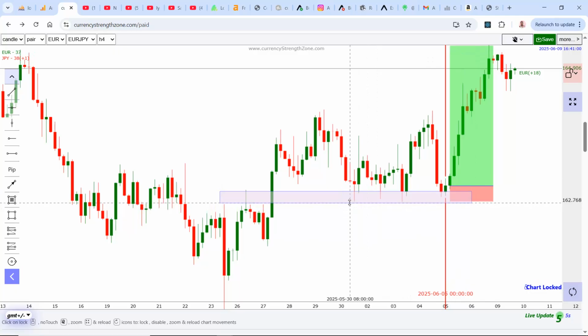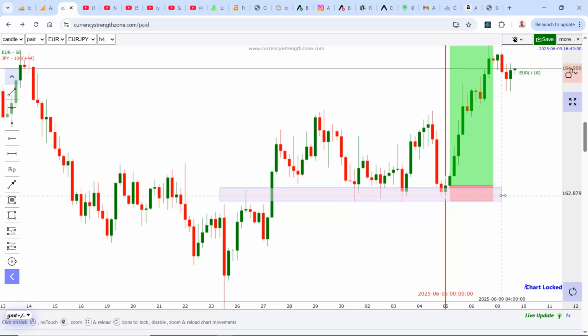After verifying from the indexes, and after the indexes are in agreement, we check the pair, which is Euro JPY.